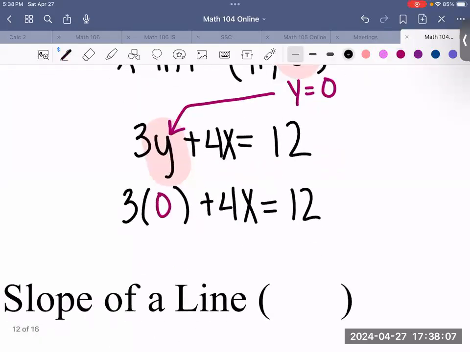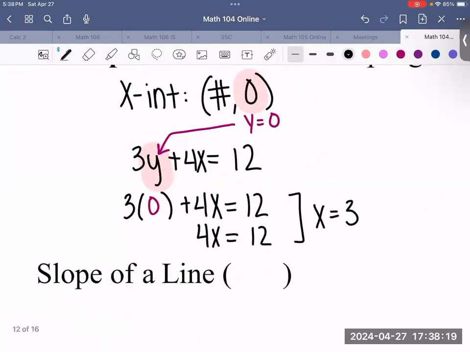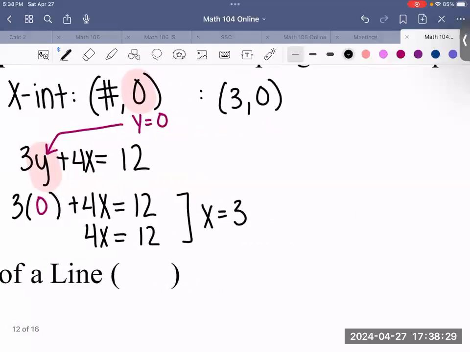Well, then you just have 4x is equal to 12. Divide 4 on both sides, and x is now equal to 3. So we have the intercept 3, 0. Now let's try it again for your y-intercept. So try it out yourself, pause the video, figure out your y-intercept.